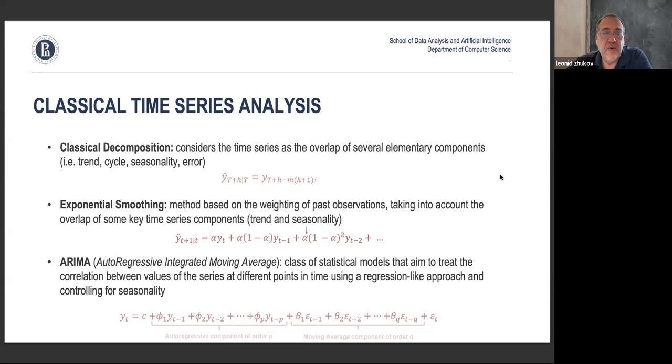So here it is, with a coefficient alpha. We take the last time step, then 1 minus alpha for the previous, 1 minus alpha squared for the one before, et cetera, et cetera. You can easily see that if you take an exponent and do a Taylor expansion, you get these coefficients.